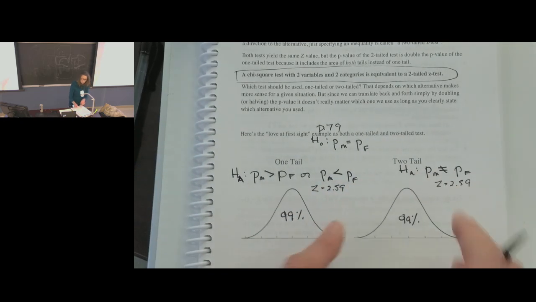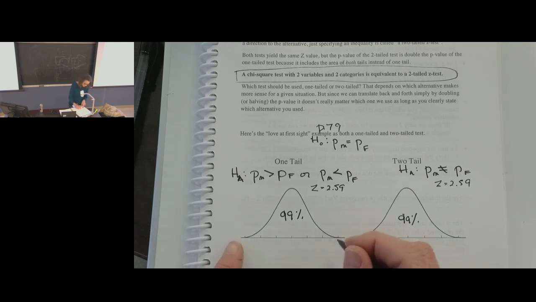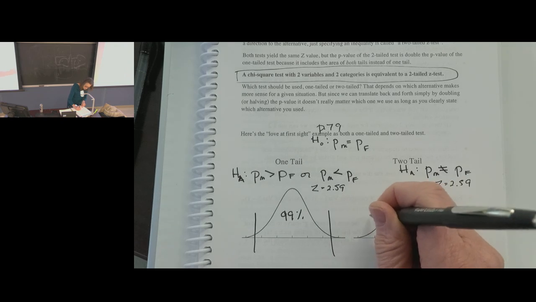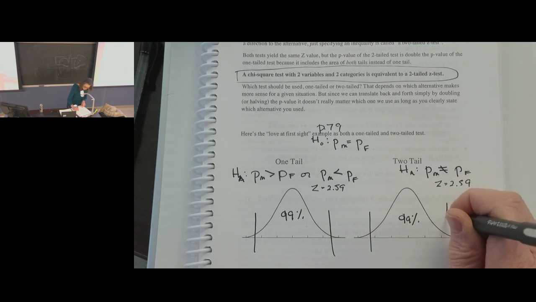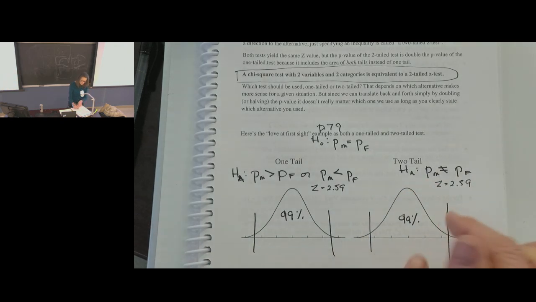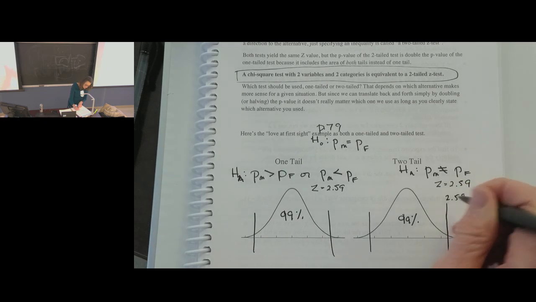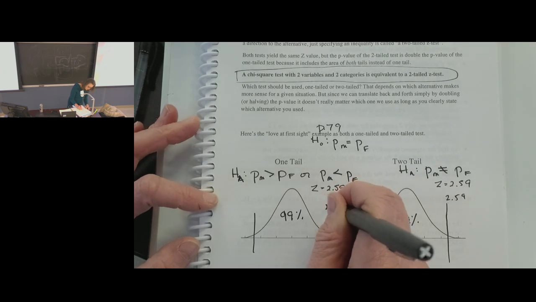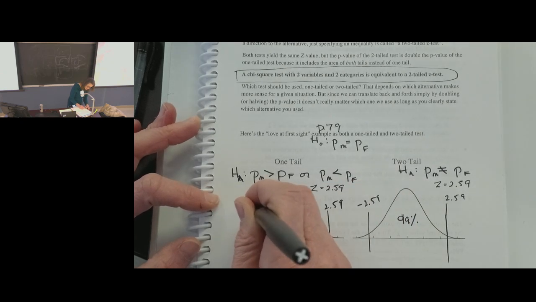I rounded this a lot. Okay, so where's 2.59? Somewhere here and somewhere here. That's between 2.59 and negative 2.59. This is all our z, our beautiful z.